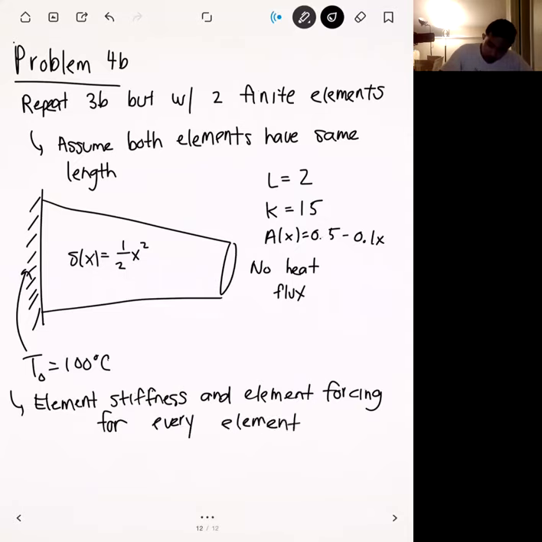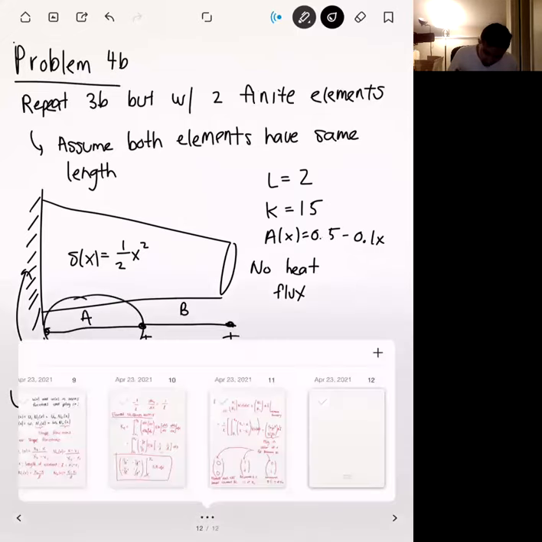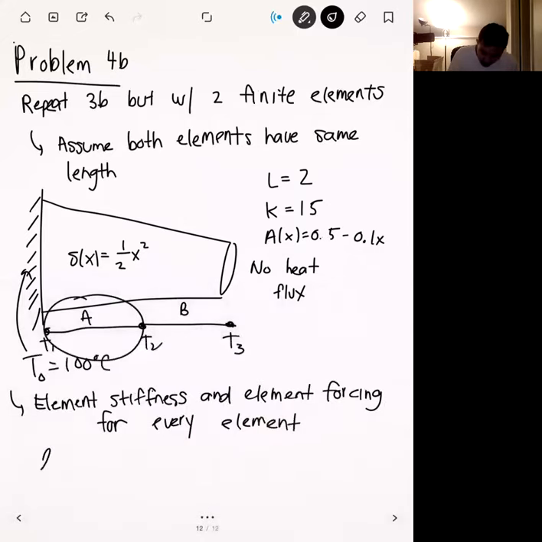Let's go ahead and break this domain up into the two elements that was mentioned. We'll call this element A and this element B. Then we're going to solve for the temperatures at each of the nodes. Let's start with element A. The length of element A, which is going to be the same as the length of element B, is just 1 meter.